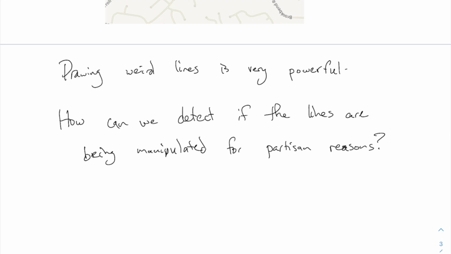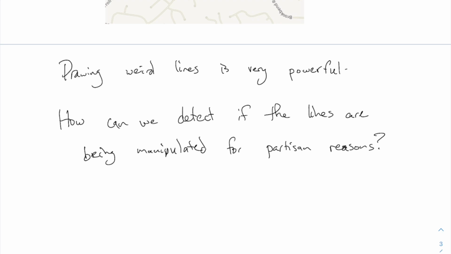So this is the important question that I want to spend the rest of our time talking about for the next few times. How can you tell if the lines are being manipulated for partisan reasons? Like I said last time, these maps are often decided by courts. The U.S. Supreme Court has decided some of these cases where one party says the map is unfair to us, and they have to convince a judge somewhere that it's really unfair.